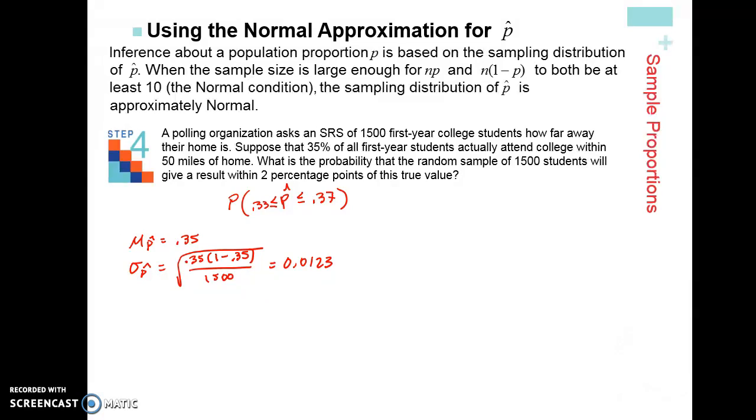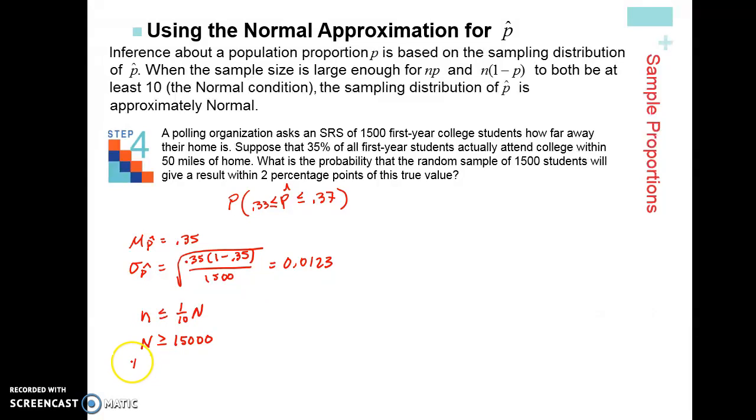That's my standard deviation. Now, there are a few things that I need to check before I do any calculations, right? I need to do the 10% rule. Little n must be less than or equal to 1/10 of big N. So in other words, big N must be greater than or equal to 15,000.